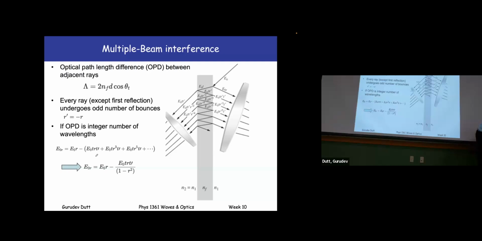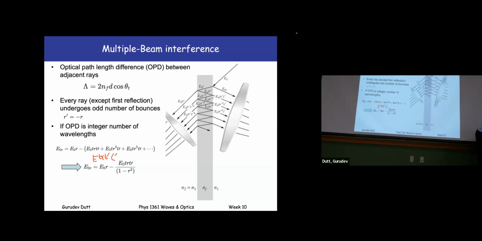So basically I can take out T R T prime from this series over here, and E naught, of course, as well. It's common for this big bracket over here.